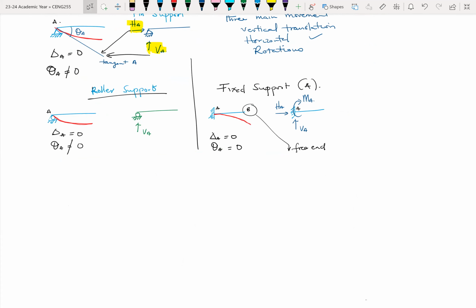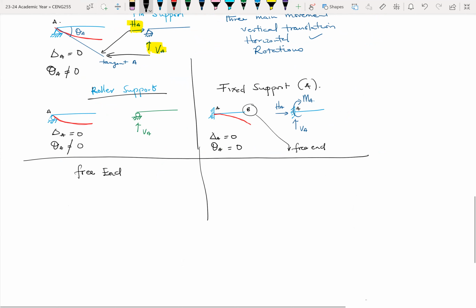Then the other support condition that we can look at is the free end. With a free end now, our focus is on B, not on A anymore. At the free end, there's no reaction.